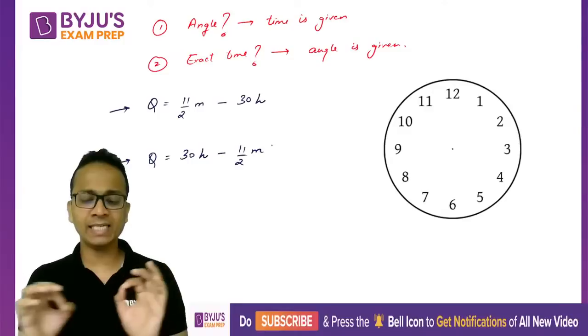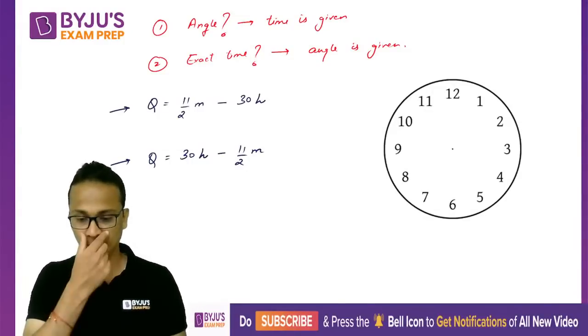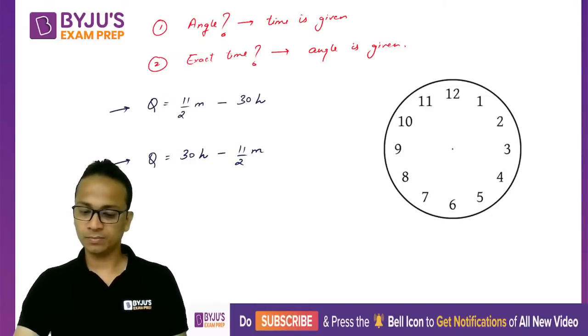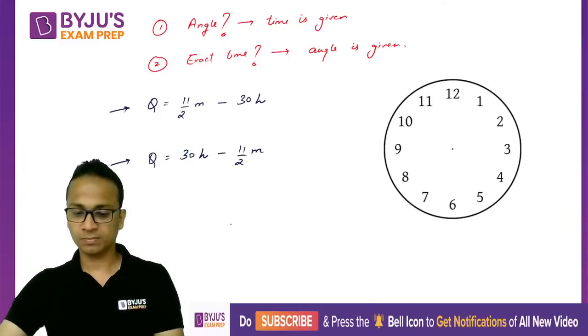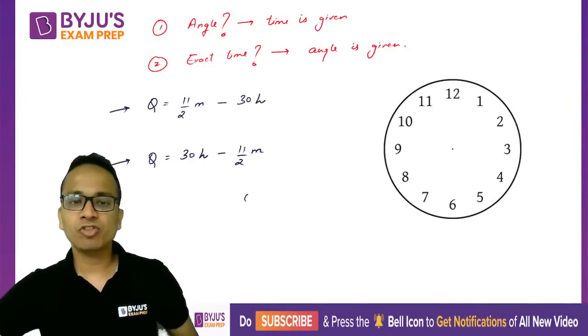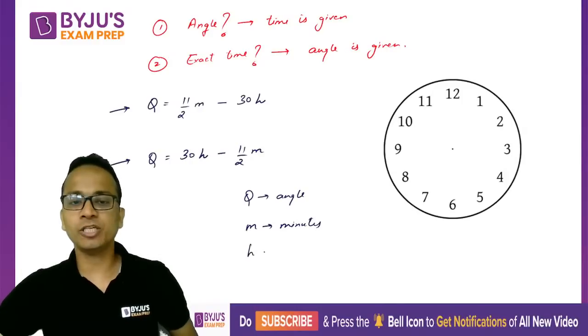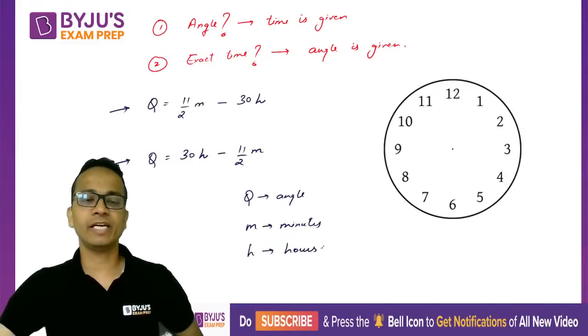Please note down these formulas and then I'll explain each and every portion of them. In this case, theta is the angle between the hands, m is the number of minutes, and h is the number of hours in a given time.